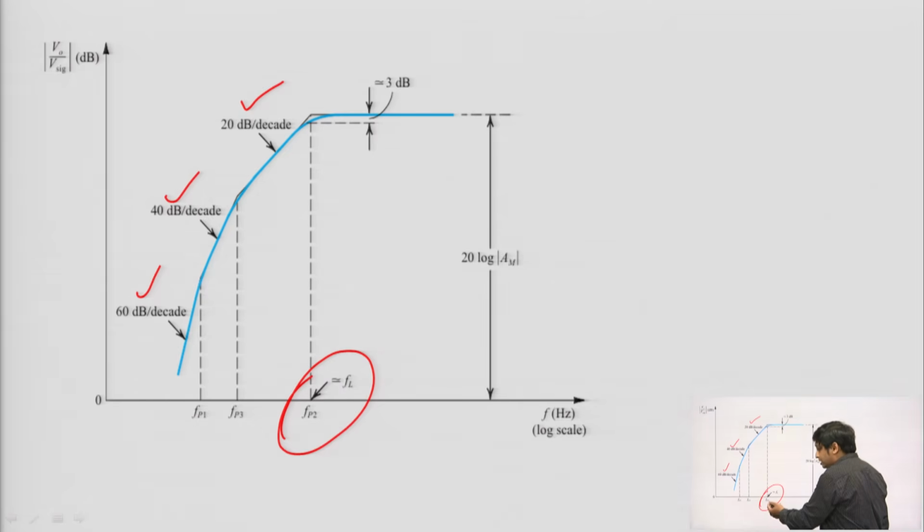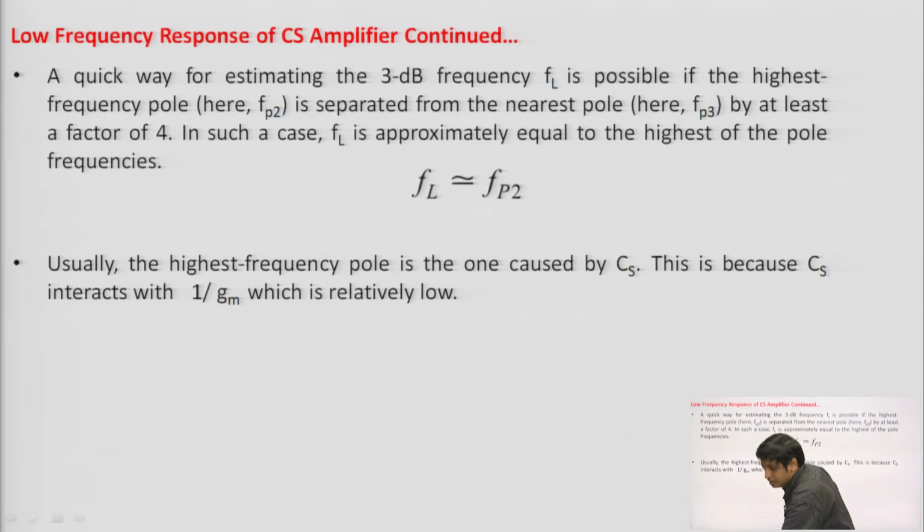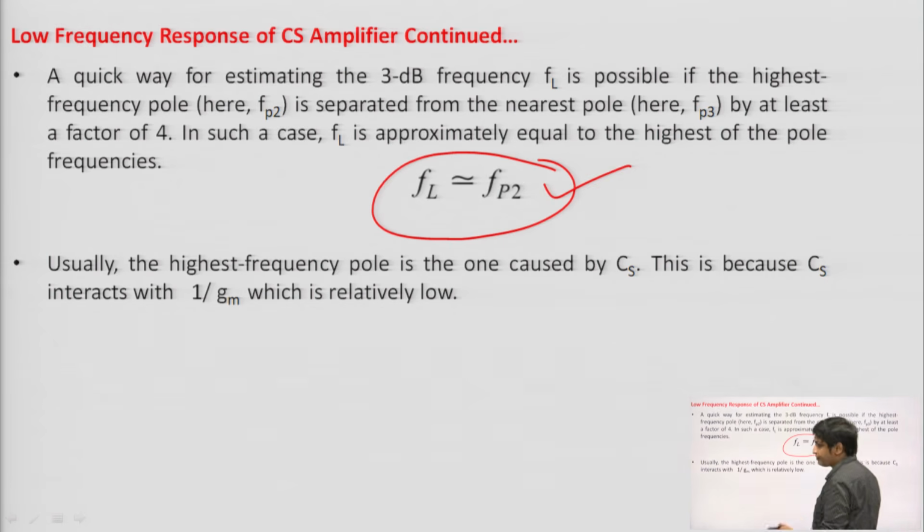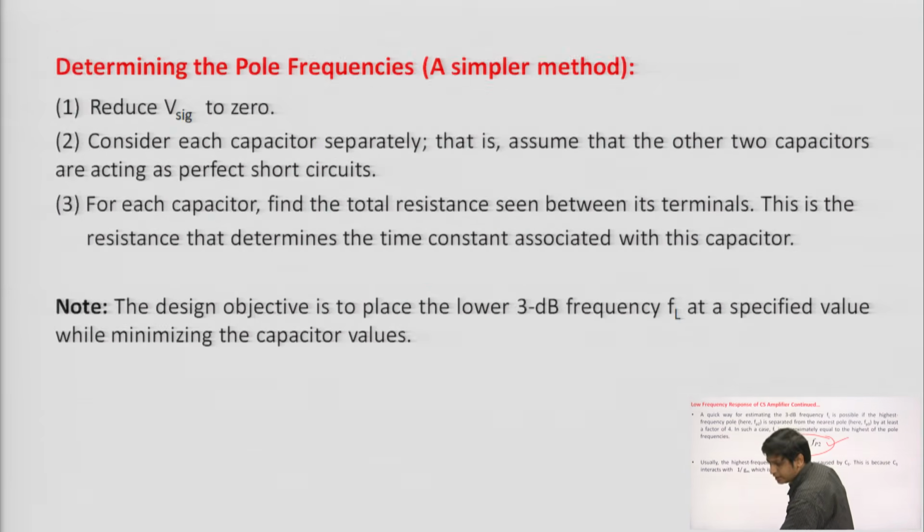If FP2 is sufficiently larger than FP1 and FP3, then sometimes we neglect FP1 and FP3 also. So if FP1 and FP3 are very small, then the lower 3 dB frequency will be equal to FP2. The reason I have already explained.